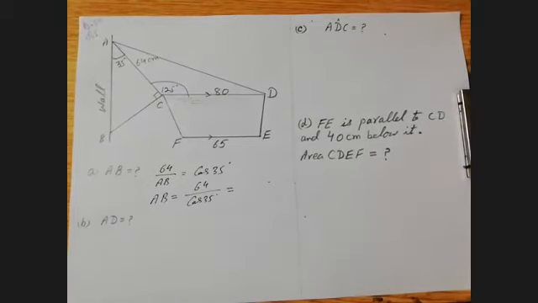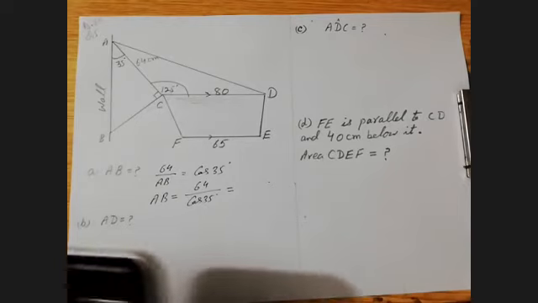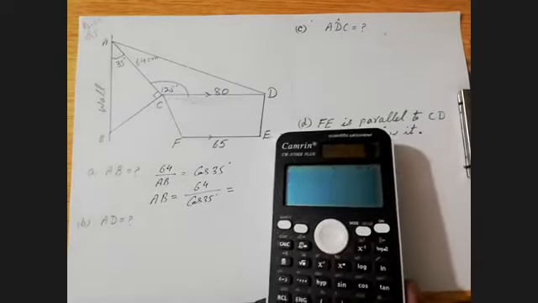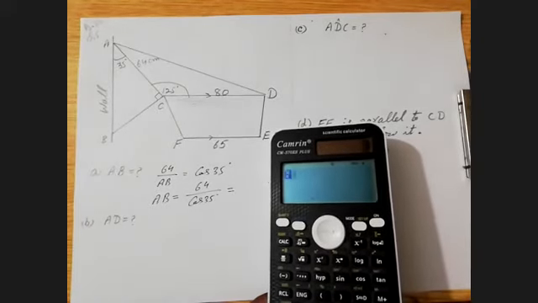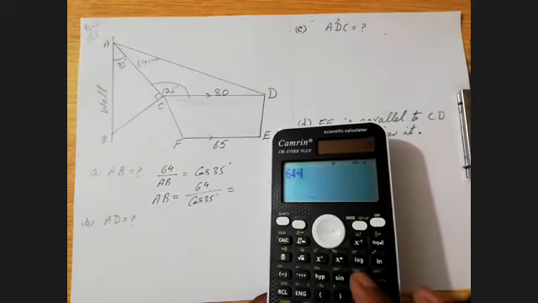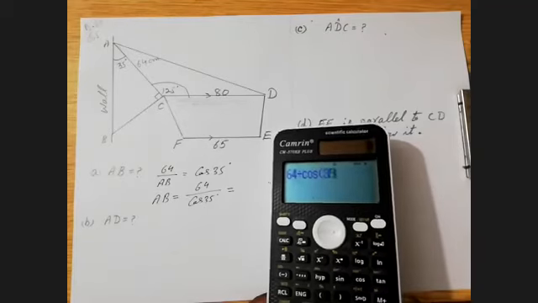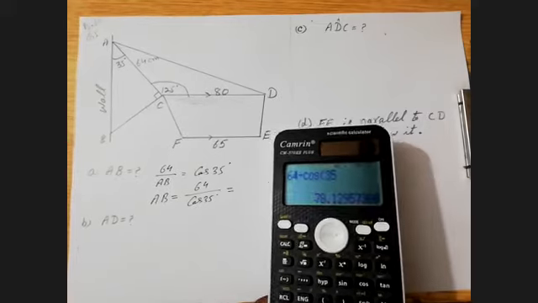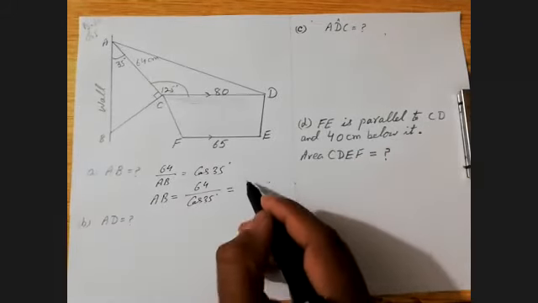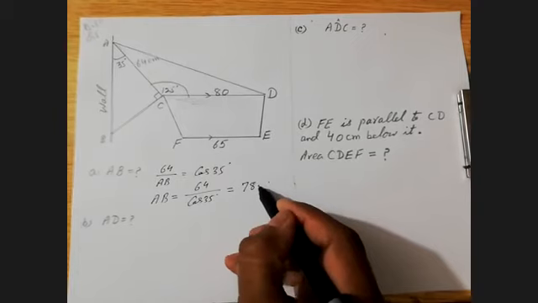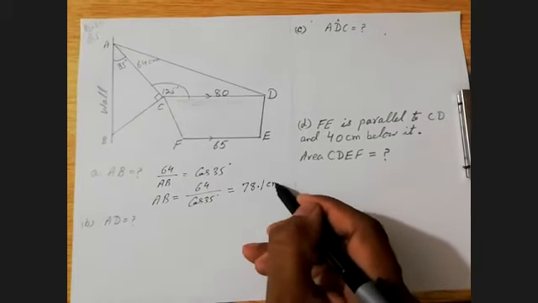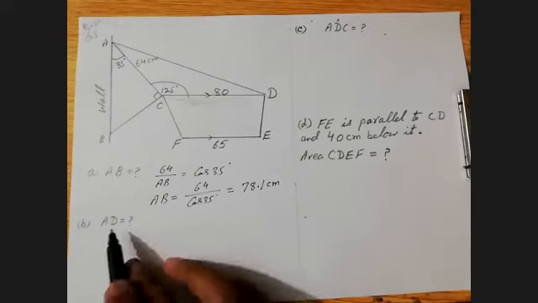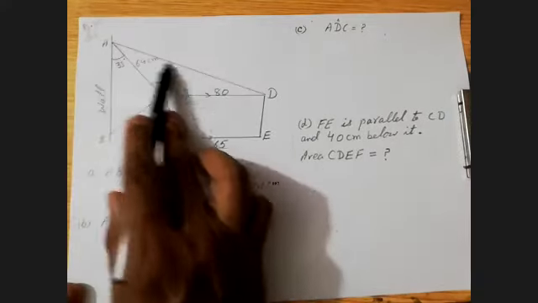You can calculate it very efficiently because this is a right angle triangle. 64 divided by cos 35 gives 78.1 centimeters.